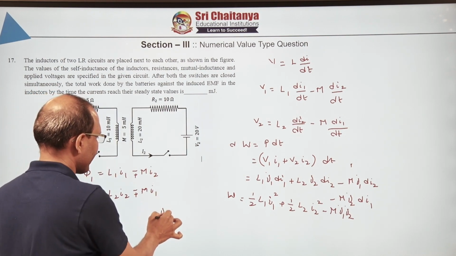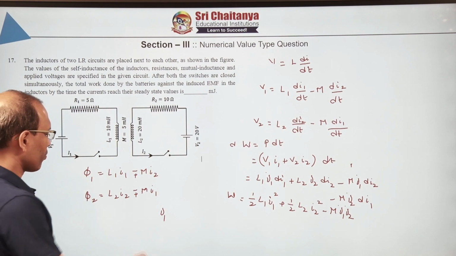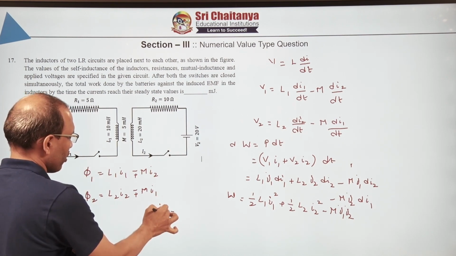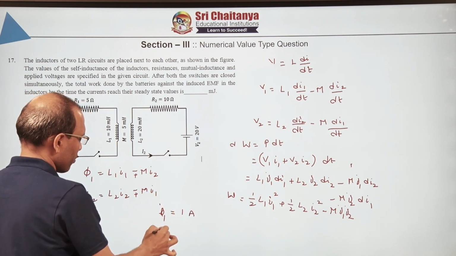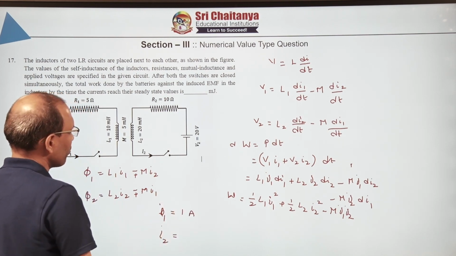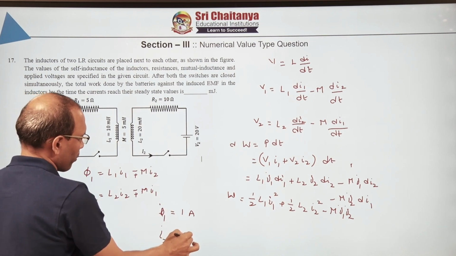Now when you substitute all these values, what is I1 here? The steady state current in the first branch. So the value of I1 will be V1 by R1, that is 1 ampere. Similarly, I2 will be V2 by R2, that is 2 amperes.